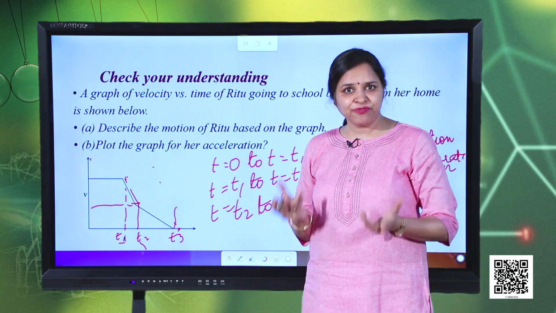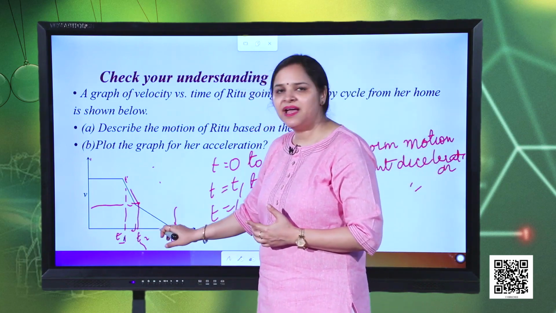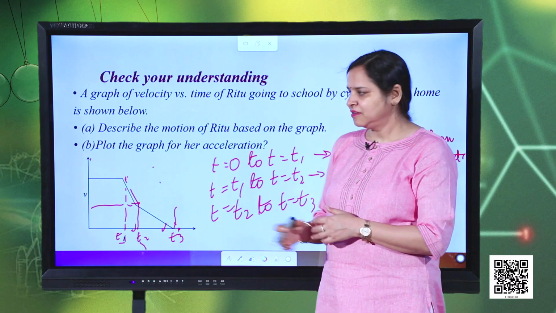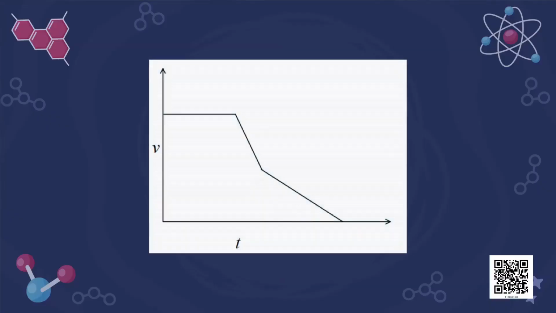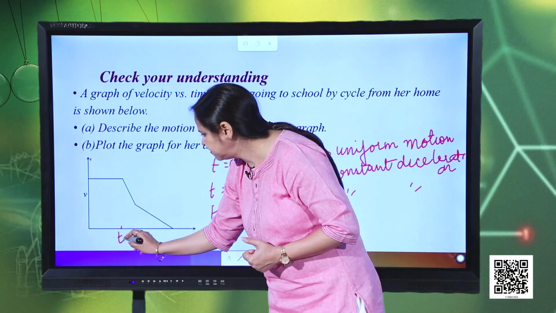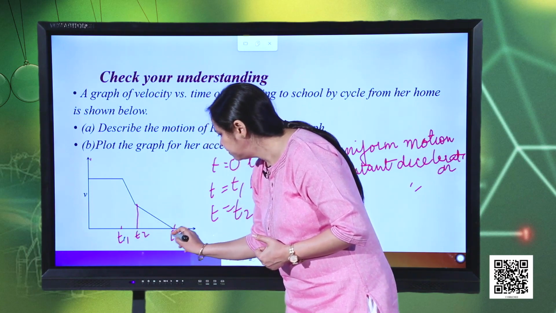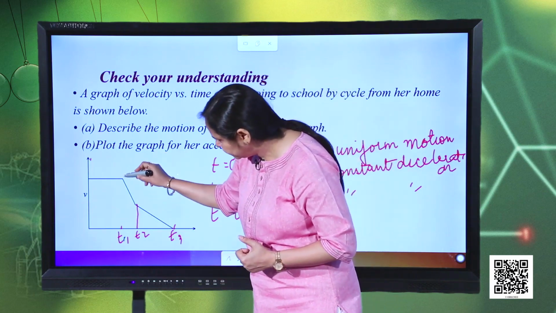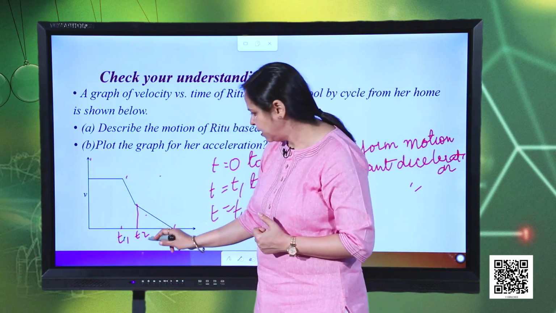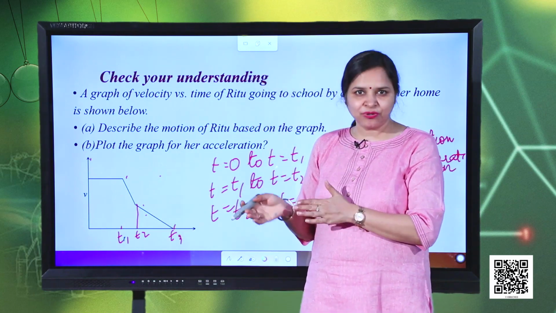Then what is the difference between the deceleration of time interval t1 to t2 and t2 to t3? So, please pay attention over here. Just look at the slope during the time interval: this is t1, this was t2 and this was t3. Now, just compare the slope during t1 to t2 and t2 to t3. Which has a greater slope?